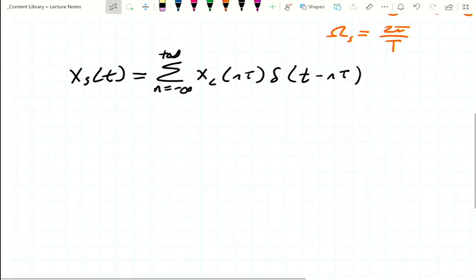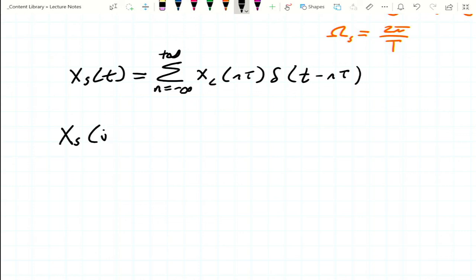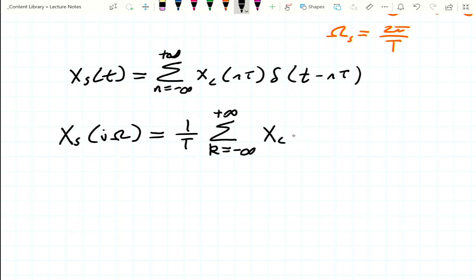Which means, and this is the important one, if we take the Fourier transform of this, X sub s of j omega is equal to 1 over T, the sum from k equals minus infinity to positive infinity of X sub c of j times omega minus k omega s, and we cap it all off.